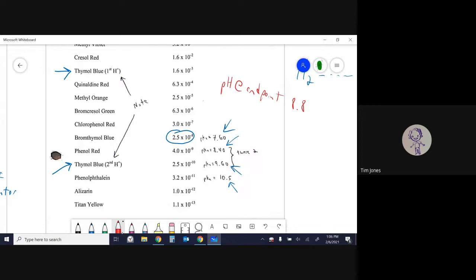That's a little more than a value of 1, so that's not so good. 8.4 is okay. 9.6 is okay. 10.5, no, that's too far away. And even though 8.4 and 9.6 would both work, the 8.4 is closer to 8.8. So in the end, this one would be the better of the two. So phenol red, if we had that choice, would be the better option.